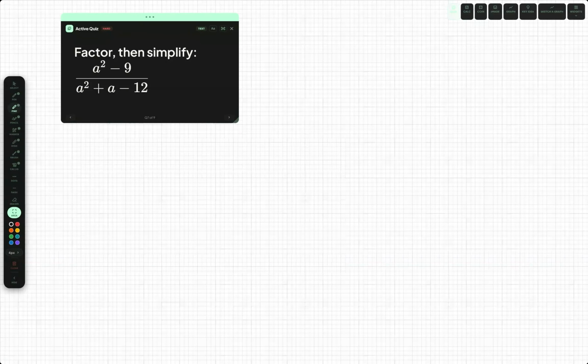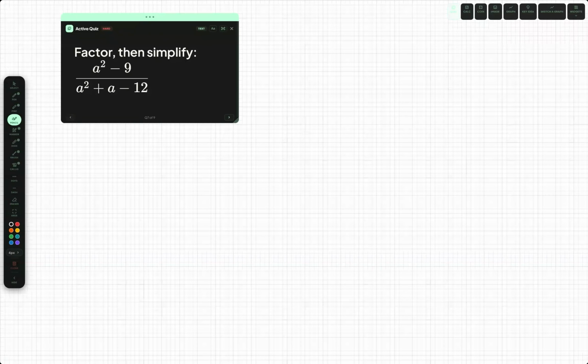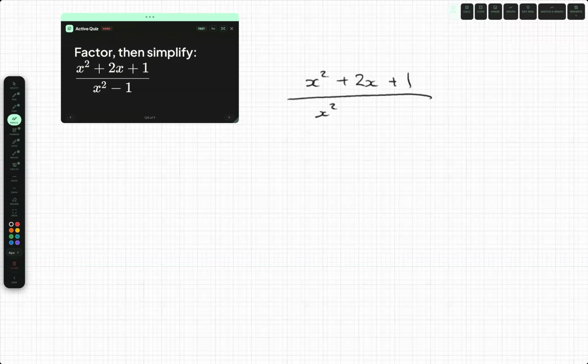Okay, let's have a look at another one. So we are starting right off the bat with another quadratic that needs to be factored, and another value here which also needs to be factored. So let's look at our first one.